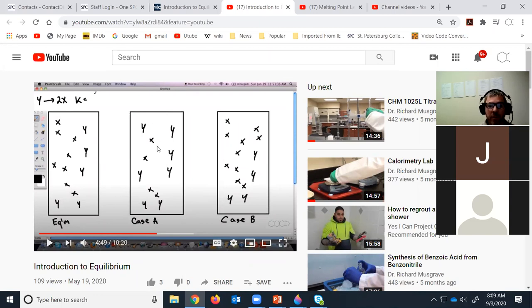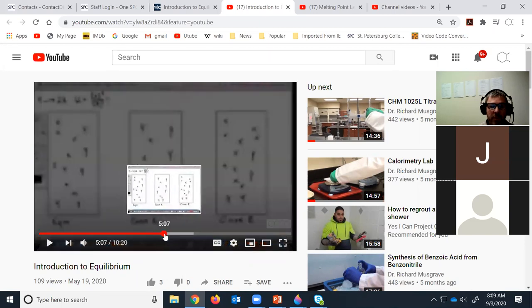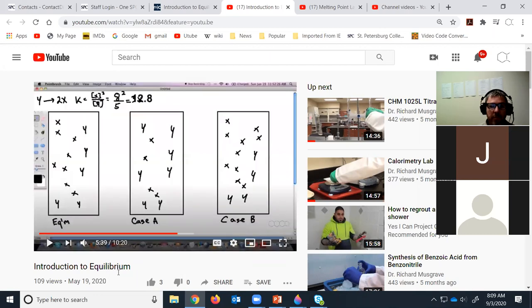So then I ask you to entertain two cases here. This one where we have a whole bunch more y's, and this one where we have a whole bunch more x's. Now, if I wanted to actually calculate the K value, it's fairly simple. I take the number of x's squared over the number of y's.